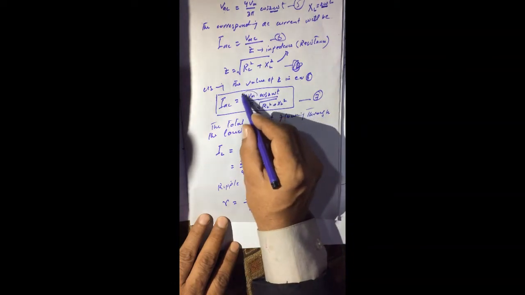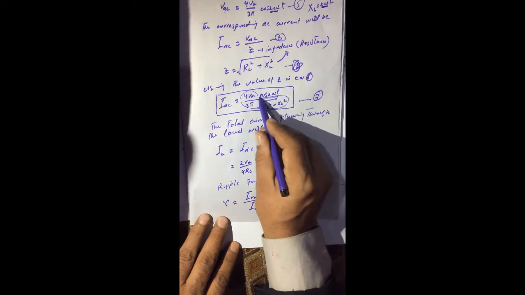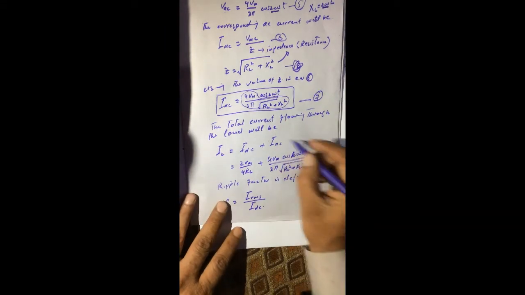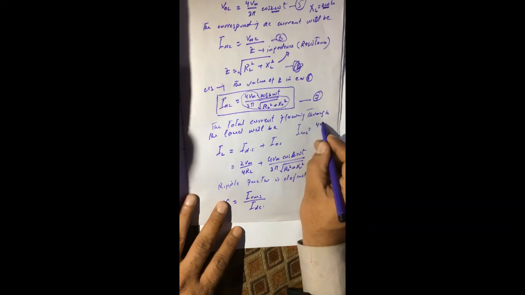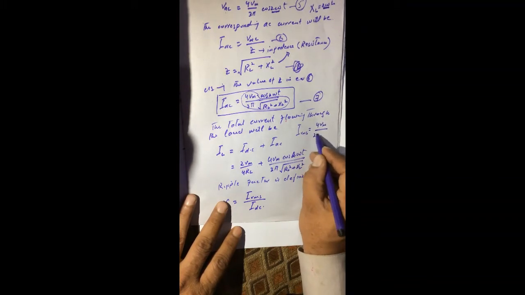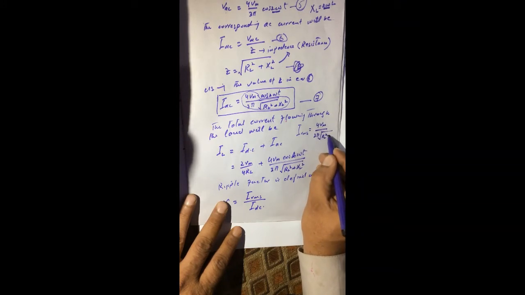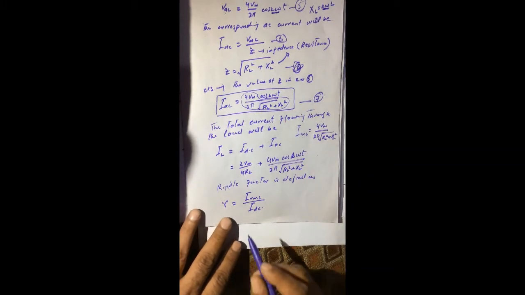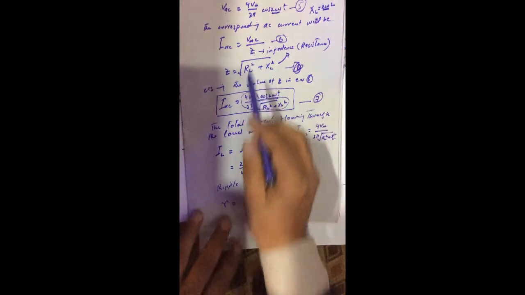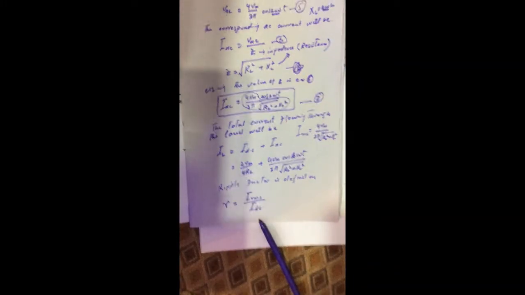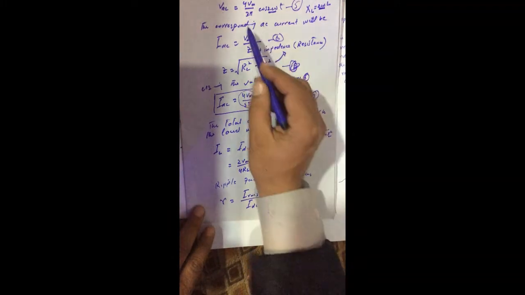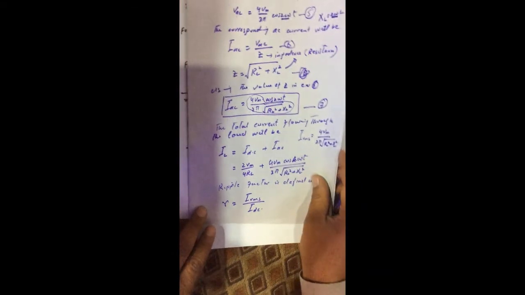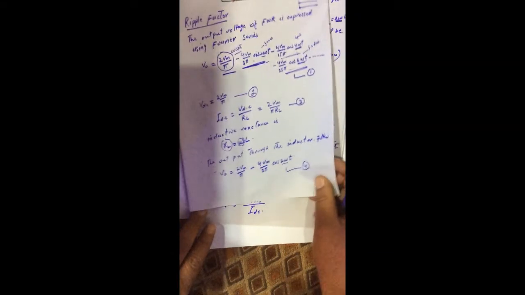So I RMS, I will write it here, 4 Vm over 3 pi into square root of RL square plus XL square. And the DC current is already given, represented by this value IDC, given by this equation number 3.